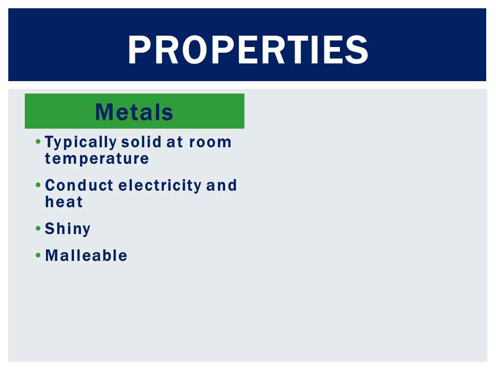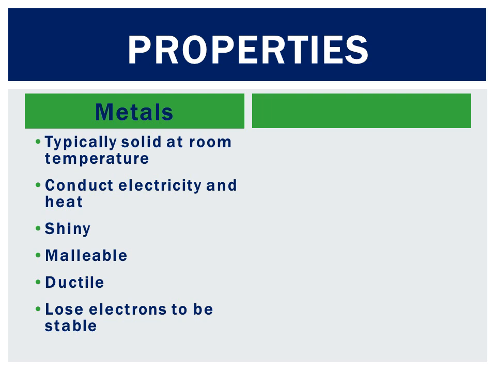They tend to be shiny, malleable, which means bendable, you can change their shape, ductile, and they lose electrons to be stable. So all of your metals will have a positive charge because they lose electrons to become stable.